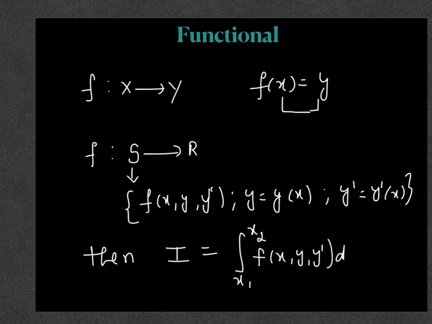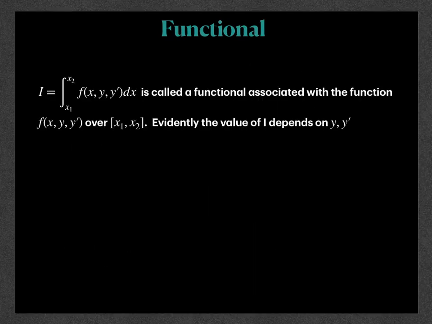So the integral form I equal to integral from x1 to x2 of f of x, y, y dash dx is called the functional associated with the function f of x, y, y dash over the interval x1 to x2.